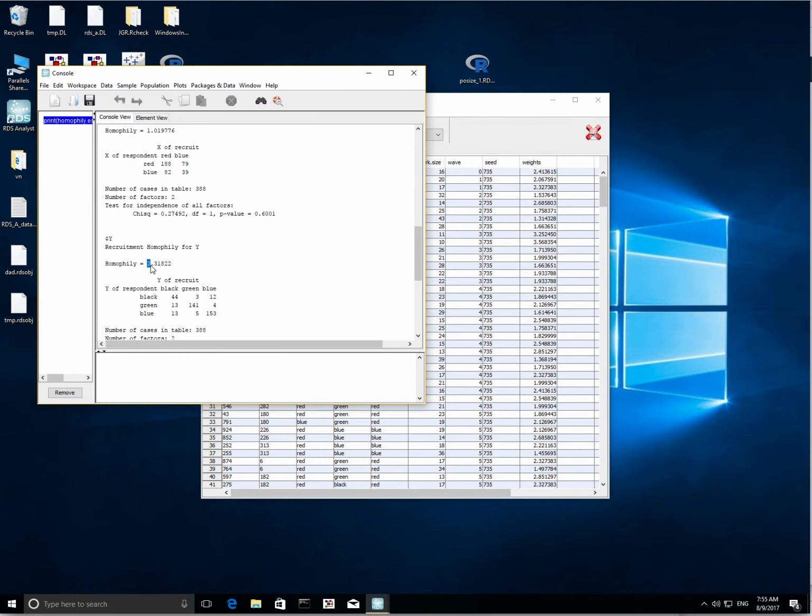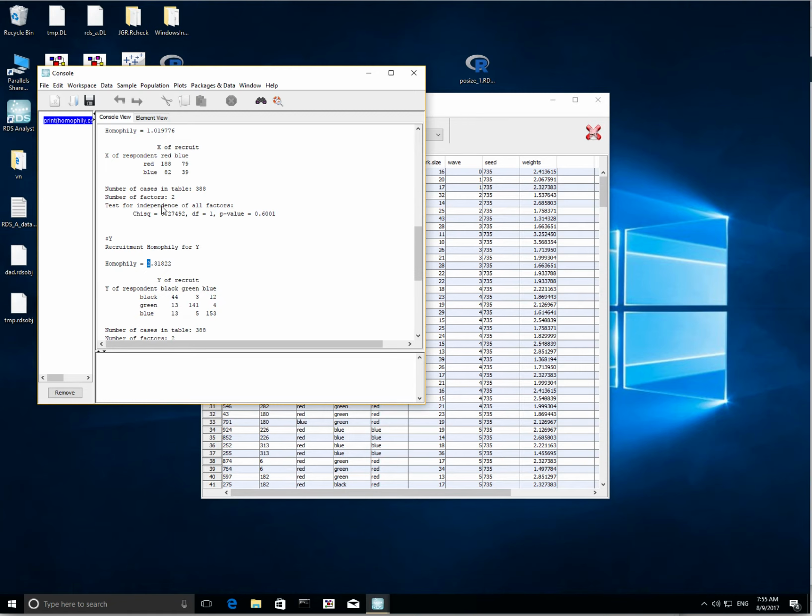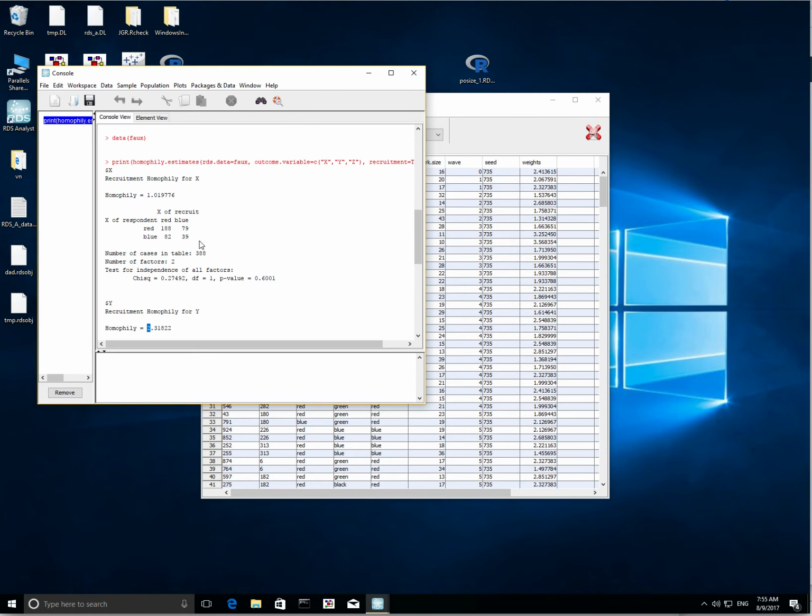A recruitment homophily of 2 indicates twice as much like-to-like recruitment as would be expected by chance. And we can look specifically here in the table at the value of respondents, so red tending to recruit other reds, or red tending to recruit other blues, and blue tending to recruit blues, or blue tending to recruit reds.